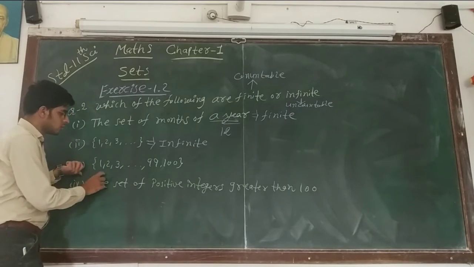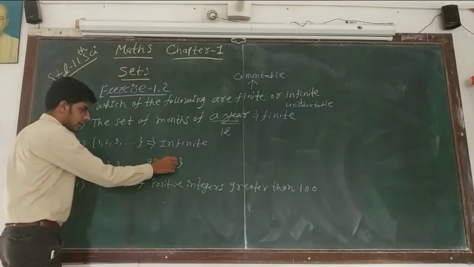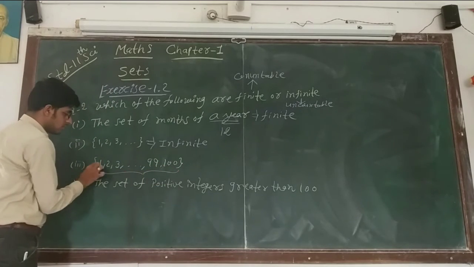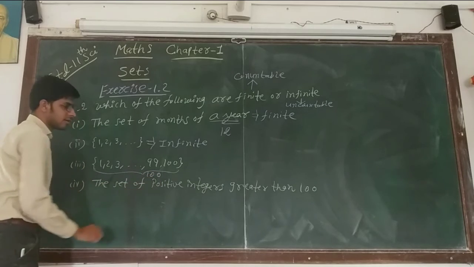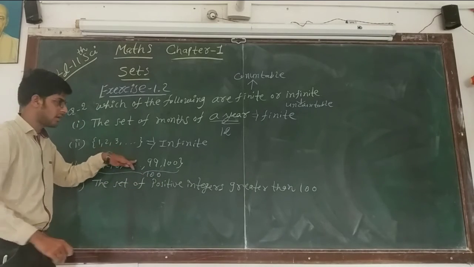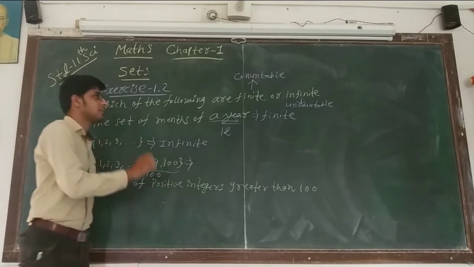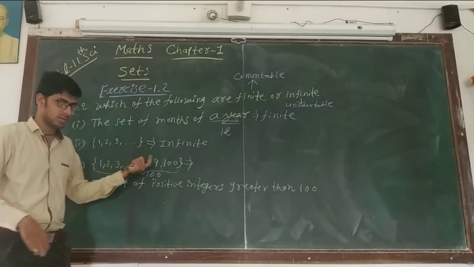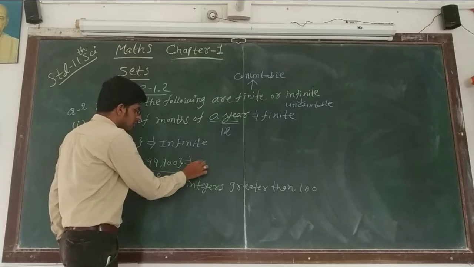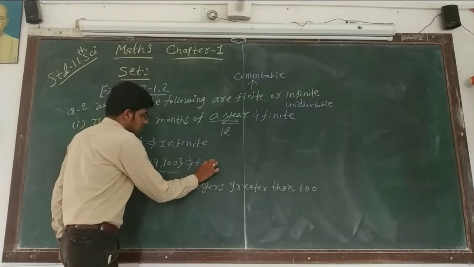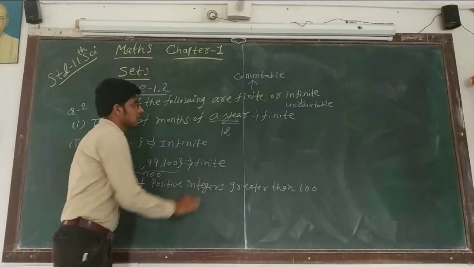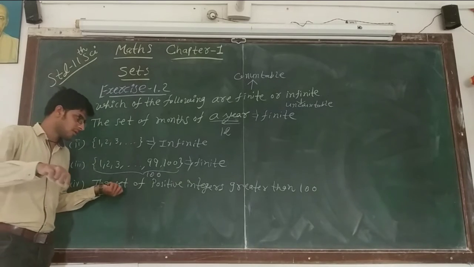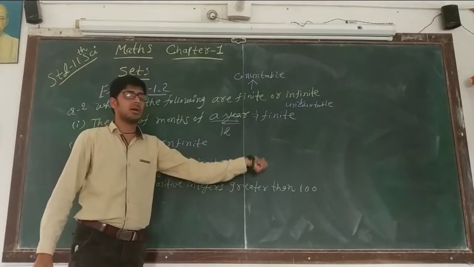Next, third one, 1, 2, 3 up to 99 and 100. So it is countable. Simply there are 100 numbers in the given set, so it is finite because we can count these numbers. Fourth one, the set of positive integers greater than 100.